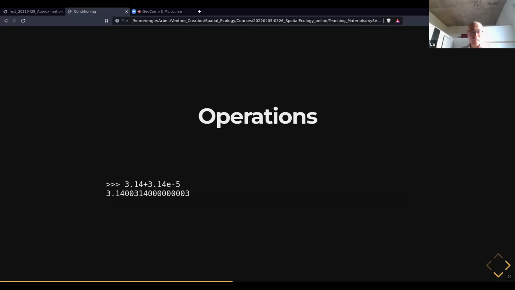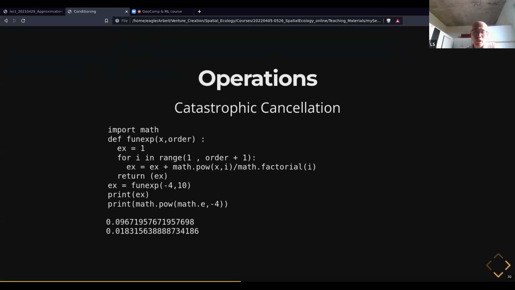I think you are already getting very advanced in this material, and I'm going to throw one more challenge, which is quite interesting and very important. It has a name also. It's called catastrophic cancellation. What it means is that when you do addition or subtraction, you may face significant errors.